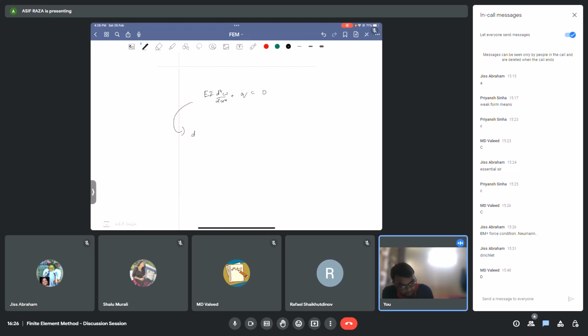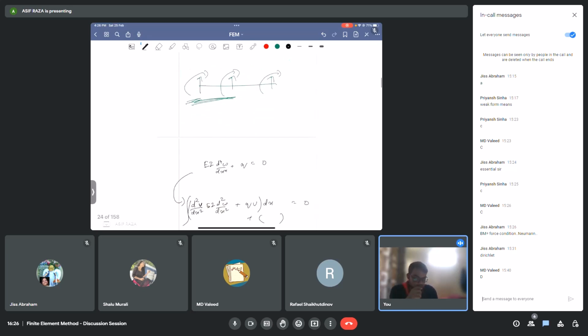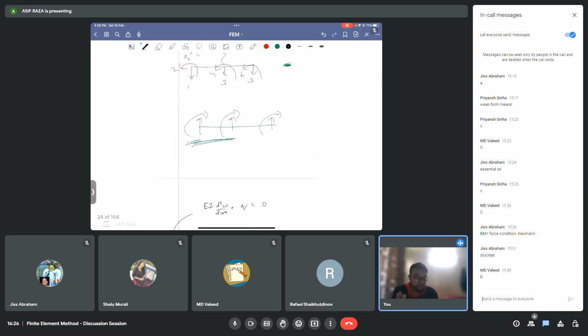Solving this we'll have d square v by dx square, EI times d square w by dx square, plus q dx, plus some boundary conditions, right? So you're asking why there is a change now.